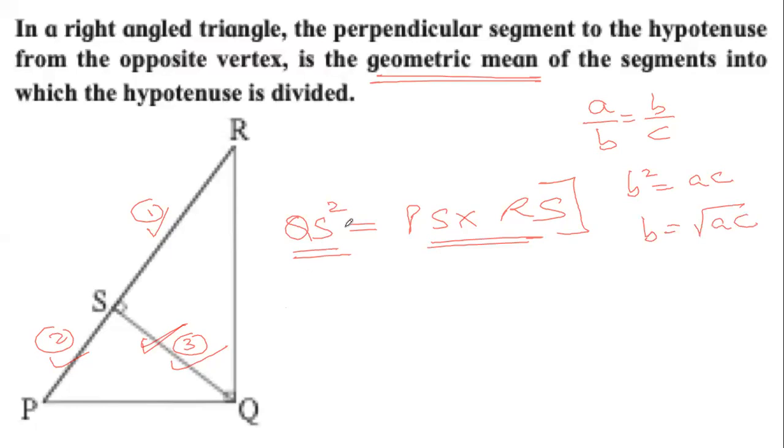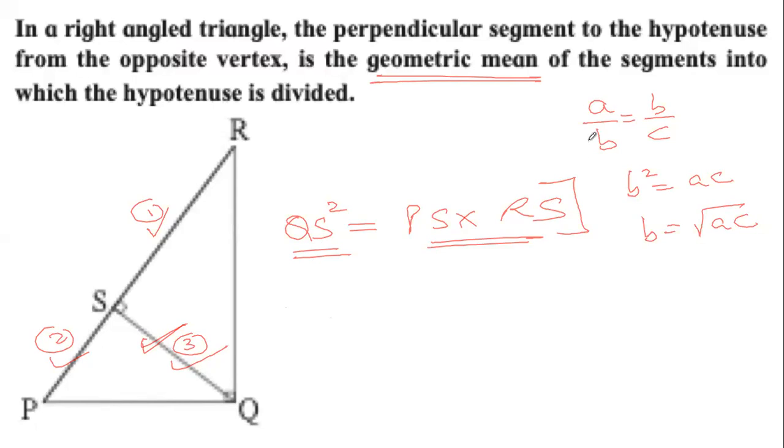QS square is like B square, PS into RS is like A and C. So we can say QS is the geometric mean of PS and RS. We can also say QS is the mean proportional of PS and RS.